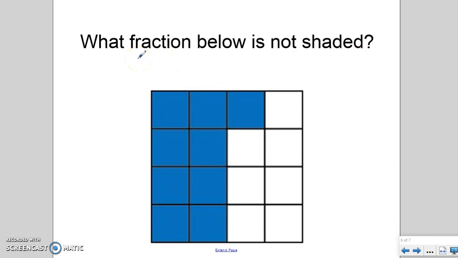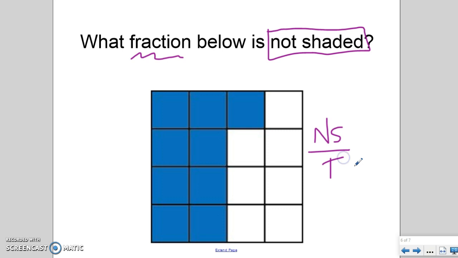Again, we have to just make sure that we're reading super carefully. We can't ever assume anything, and in the activity you're about to do, you will be guaranteed to get the wrong answer if you don't read carefully. So here we're looking for the fraction that is not shaded. So we're looking for how many are not shaded out of the total number. So not shaded would be the white ones.